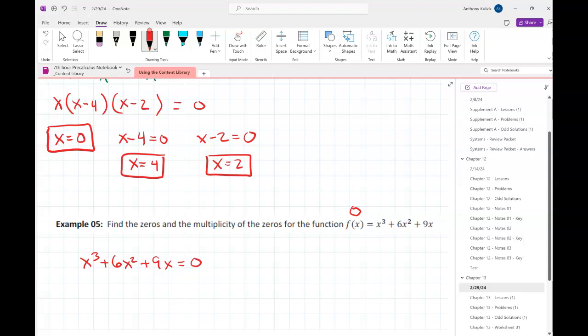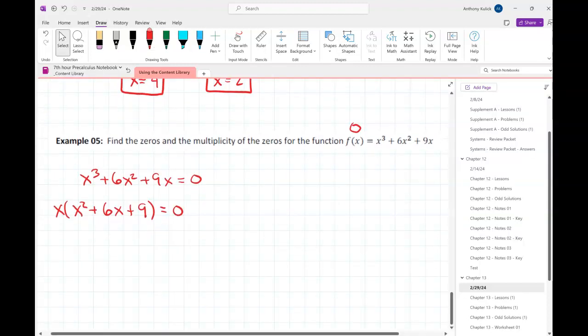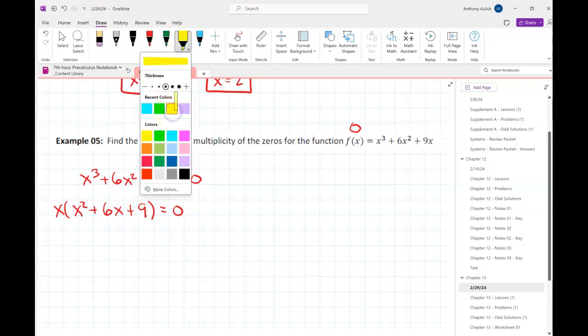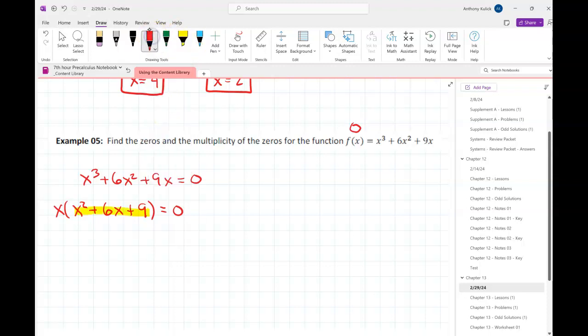Everybody feel good there? To solve this, what should I do first? I look for a greatest common factor. In this case, that greatest common factor is x. Very good. Now we need to worry about factoring the remaining piece.